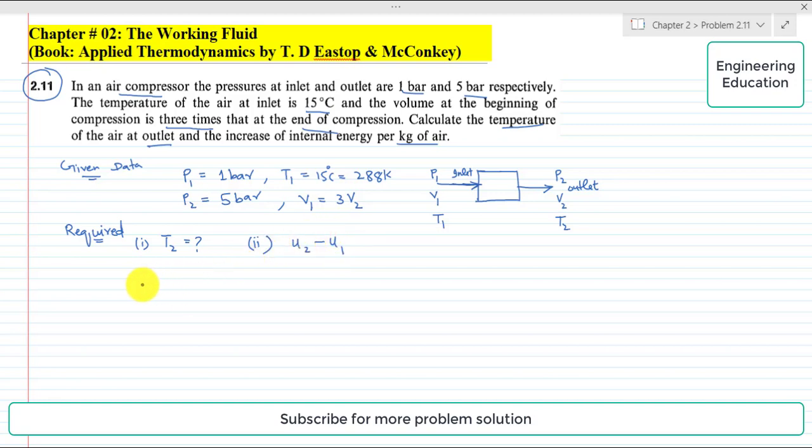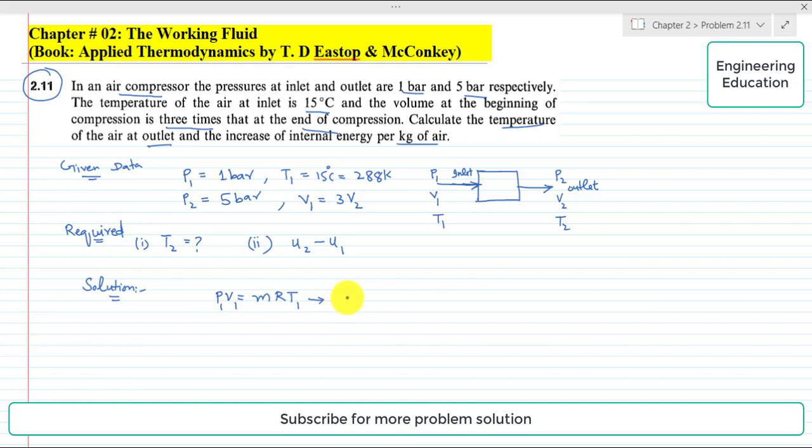First of all we will find the value of T2. For that we will need the characteristic equation of state at inlet and outlet. So the general equation is PV is equal to mRT. If we write this equation for state 1, it will become P1 V1 equals mRT1.